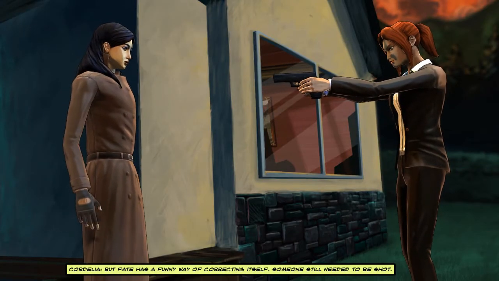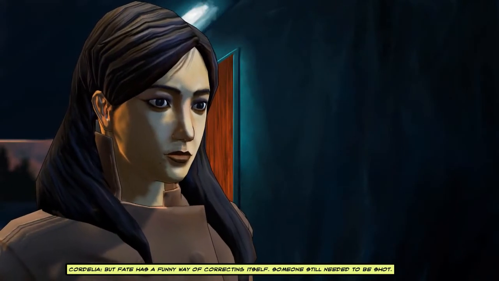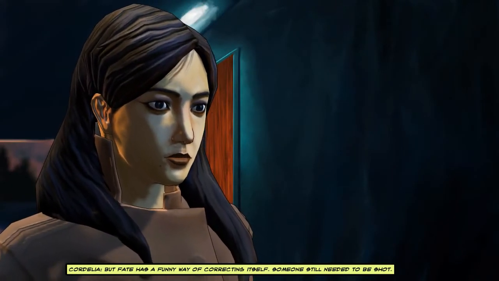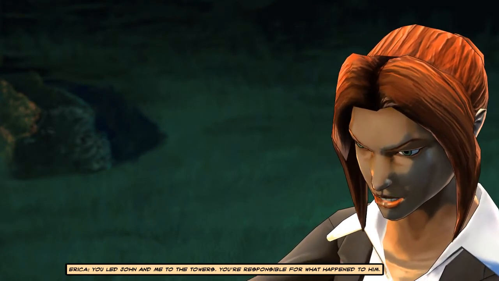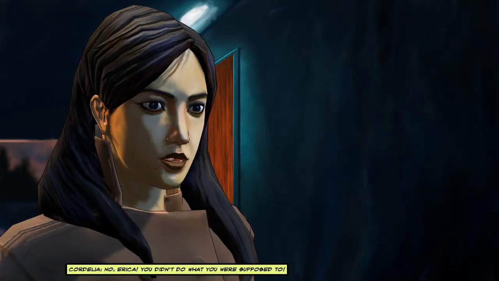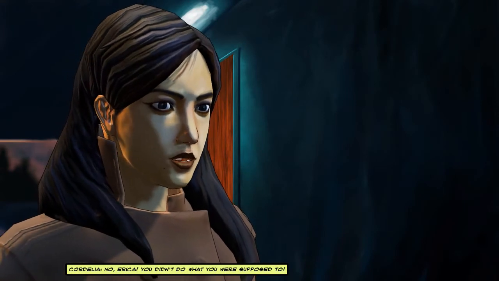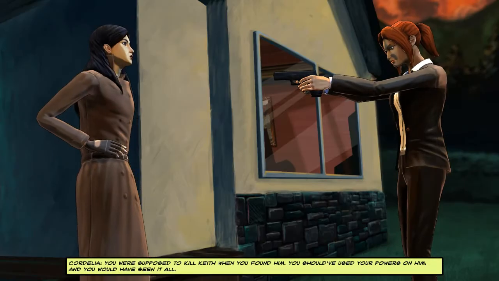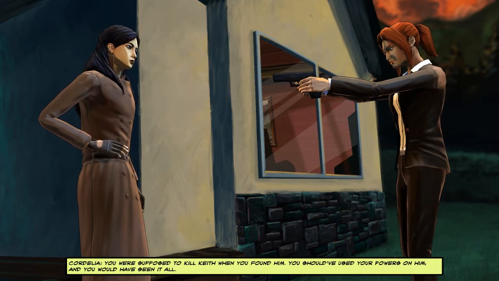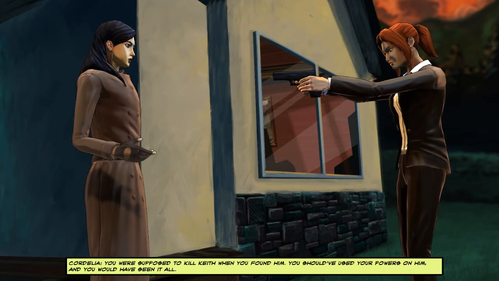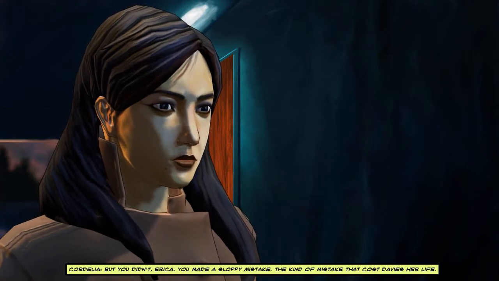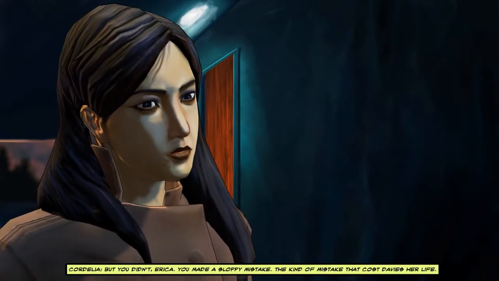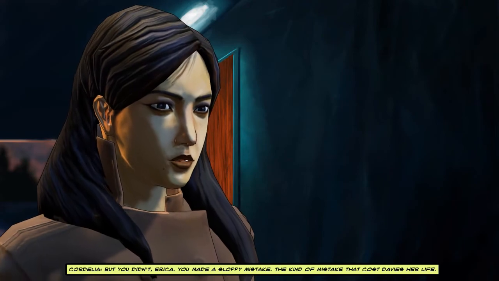But fate has a funny way of correcting itself. Someone still needed to be shot. You led John and me to the towers. You're responsible for what happened to him. No, Erica. You didn't do what you were supposed to. You were supposed to kill Keith when you found him. You should have used your powers on him and you would have seen it all. But you didn't, Erica. You made a sloppy mistake. The kind of mistake that cost Davies her life.